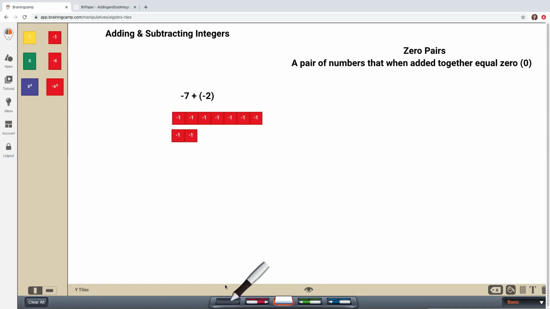So when I combine this -7 with this -2, if I join them together, I have -9. Anytime you add two negatives, you will still have a negative number. So let's say that you owed your mom $7 and you owed your grandma $2. Altogether, you would be owing $9.